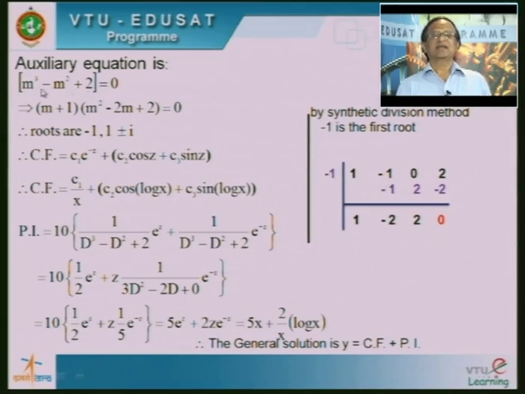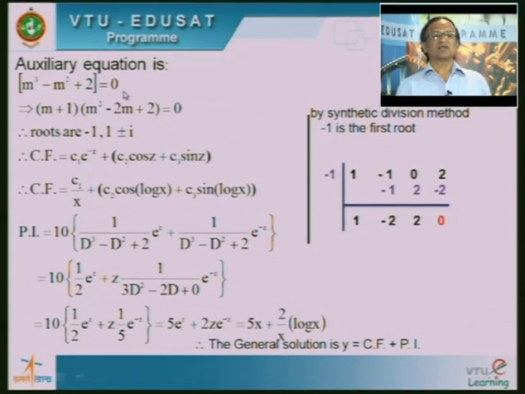So this is the auxiliary equation. By trial and error method, I can replace m by some numbers. For example, I can start with 1. If I replace m by 1, I want to verify whether 1 is the root of this equation or not. 1 cube means 1, 1 square means 1, 1 minus 1 is 0. So 0 plus 2 is not equal to 0. It means 1 is not a root of this equation.